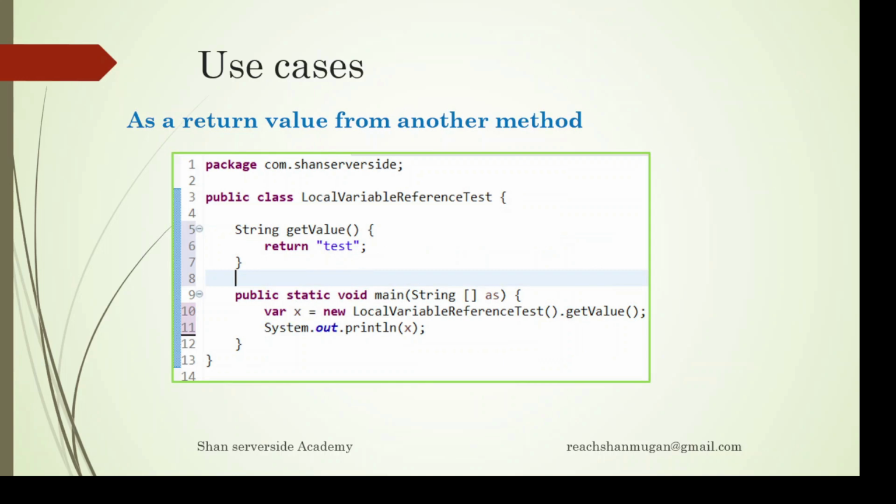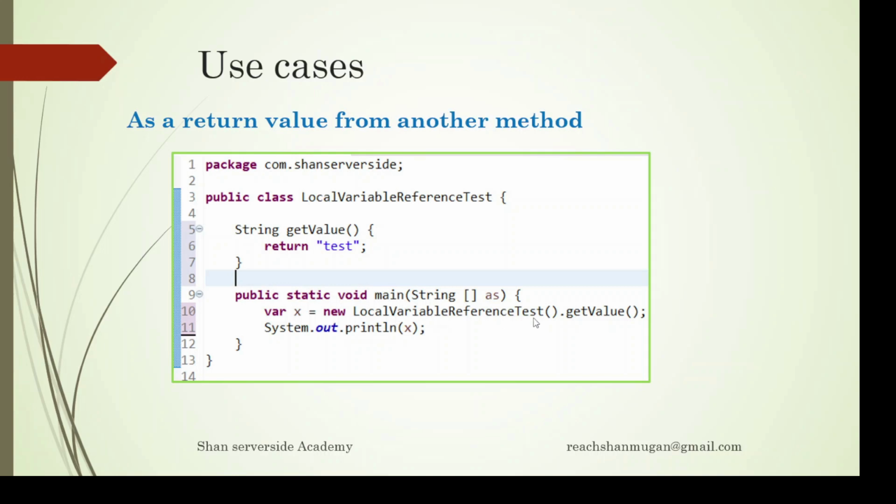The next use case is that you can use it with a return value from another method. It's a little bit different from the previous use cases. See here in line number 10, the local variable is x, so it is again a local variable because it is inside a method, the main method. You could ask, this case we have seen already, but we have seen it by initializing a value here like hello world. Instead of that, you can also call another method.